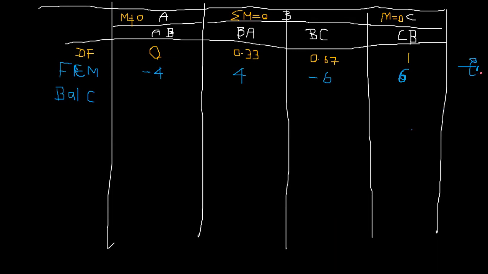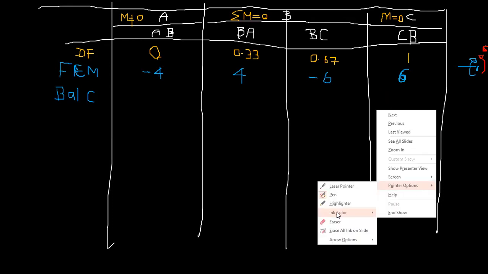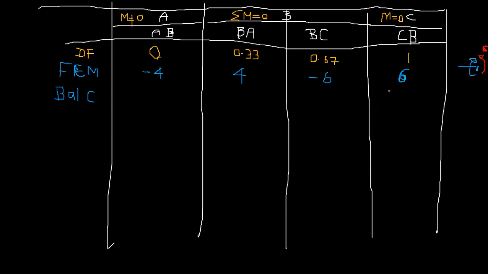To balance this, you need to add an anti-clockwise moment of 6. Anti-clockwise means negative, so you need to add -6 to balance that.